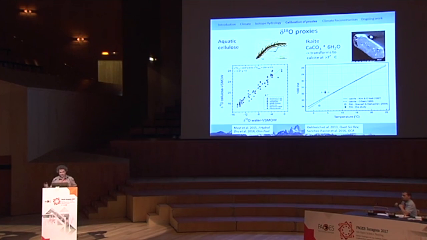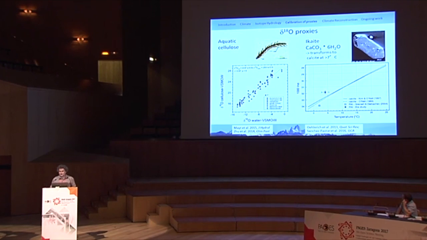We have done some calibration studies, and you can see that in the left lower corner, where we sampled water plants from several lakes in Patagonia and correlated the delta 18O values of the cellulose we extracted from the plants with the water isotopic composition of the host water. As you can see, there is a very strong correlation, and the aquatic cellulose directly reflects the host water isotopic composition. So this is a very strong proxy we can use.